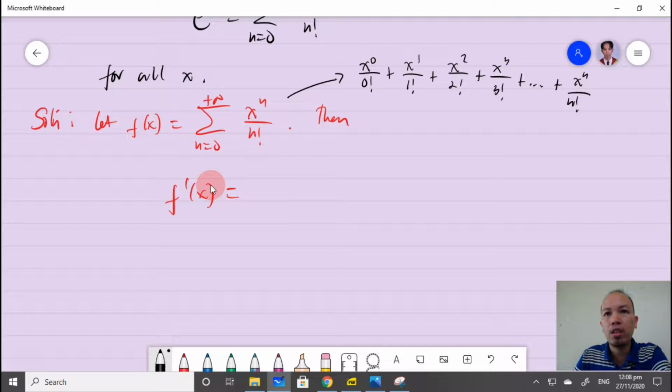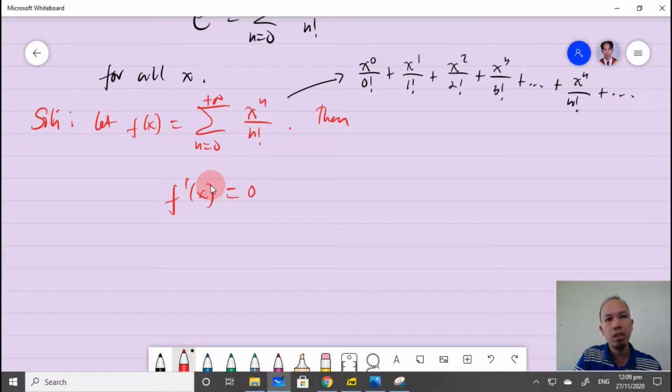This is much easier if we expand this one and get the derivative. Okay, so this is 1. 0 factorial is 1, x to the 0 is 1, so we have 1 over 1, so the derivative is 0.